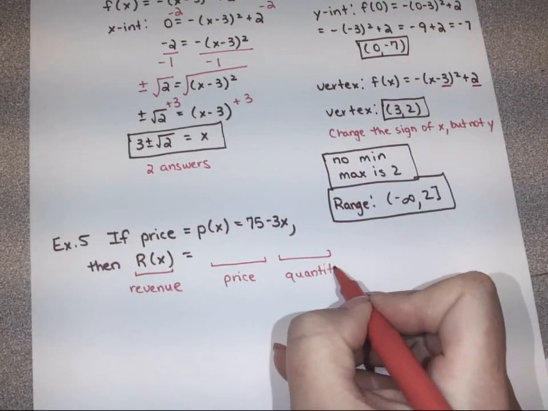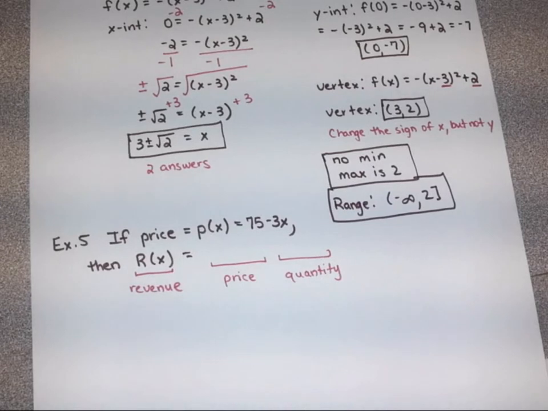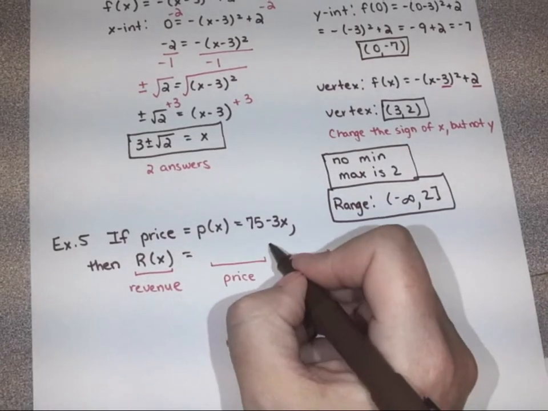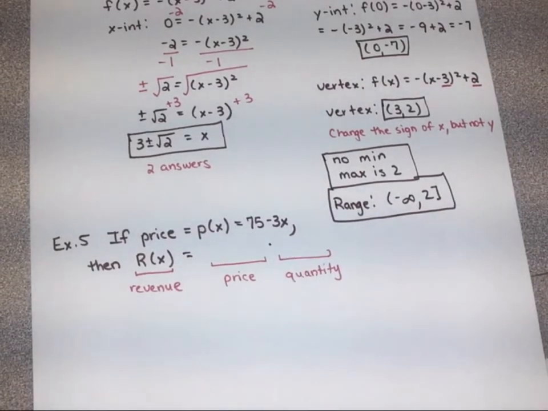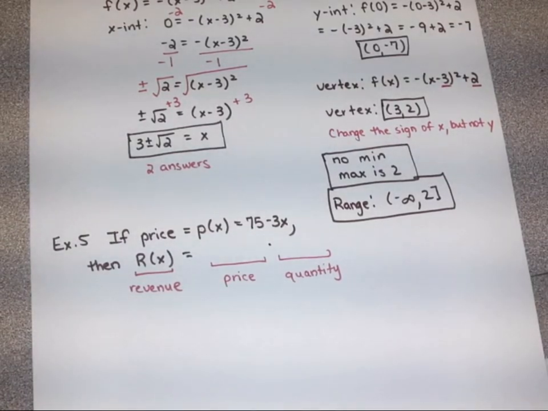So think about if you set up a lemonade stand when you were a kid, right? The way that you figure out how much money you bring in from that lemonade stand is you need to know how much are you charging for lemonade, right? How much are you making per cup? And then how many cups are you selling? Okay. And I bring up lemonade stand just because it's the simplest business I can think of. Okay. So we have a price equation, right? What's the price equation that we were given?